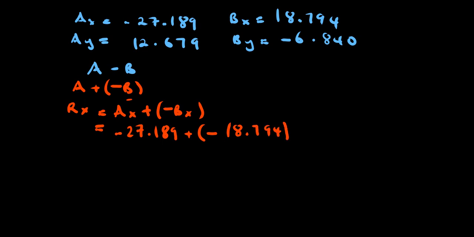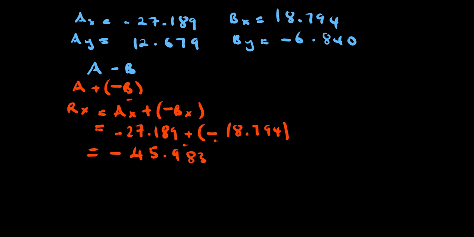Then I close there. From here I know positive times negative gives me a negative, and I have negative plus negative. You just add there and keep the sign of the negatives. So when I add the two, negative 27.189 minus 18.794, I will get 45.983.